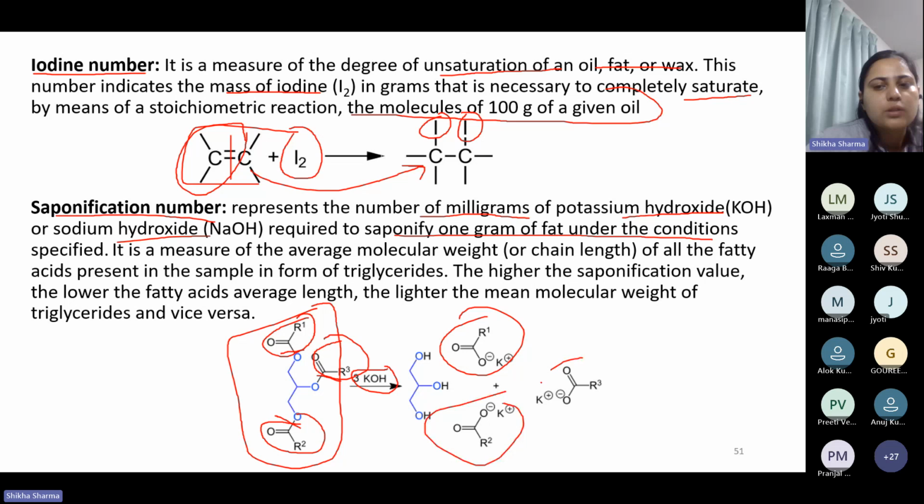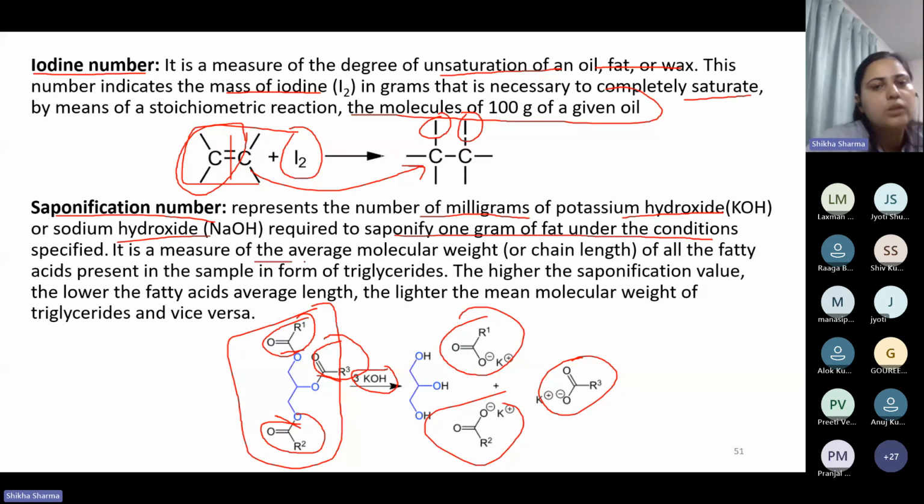So this is what is happening. To saponify 1 gram of the fat, how much KOH is required, that is the saponification number.